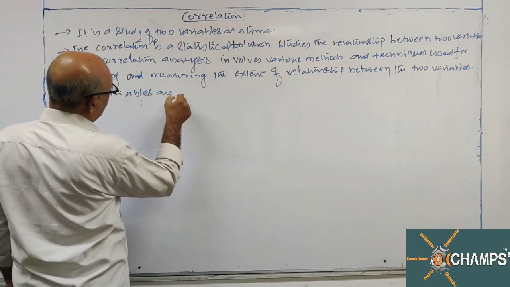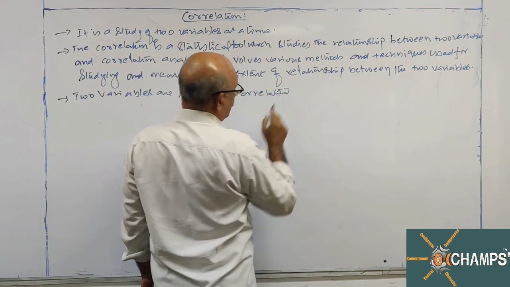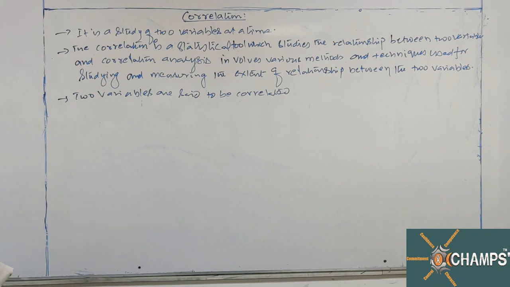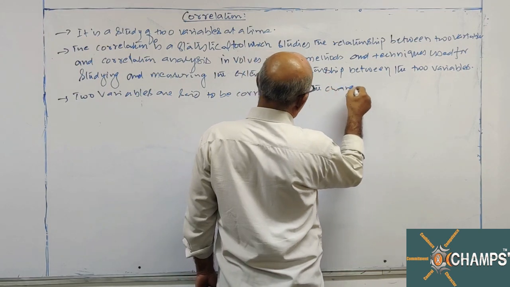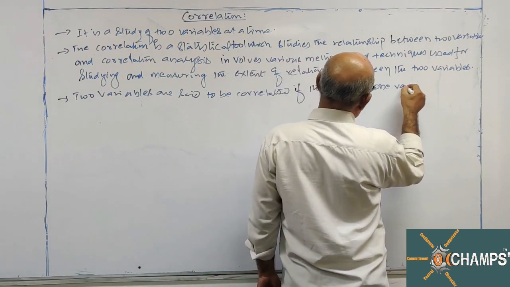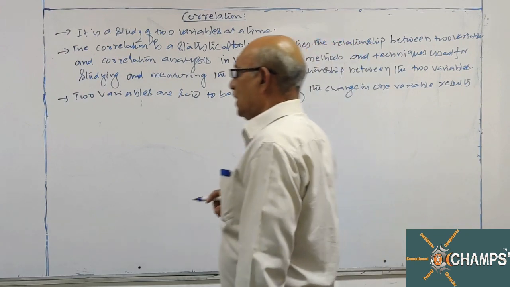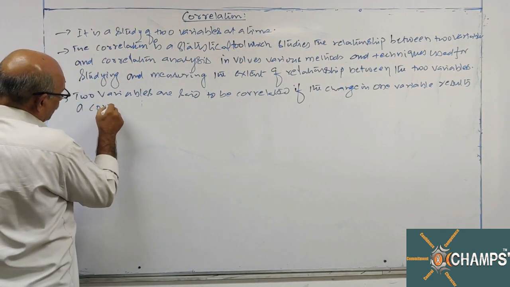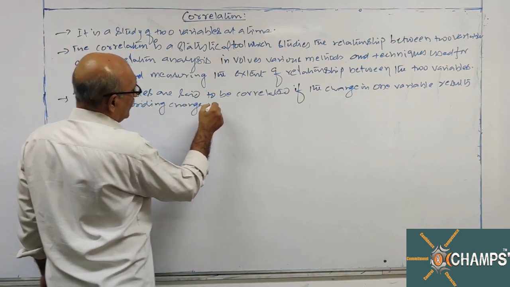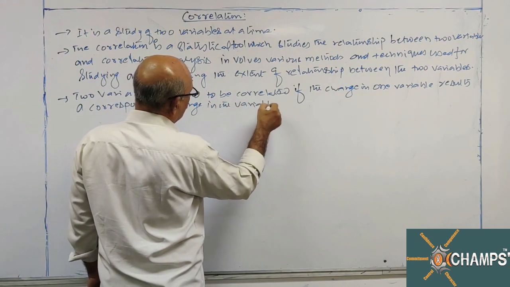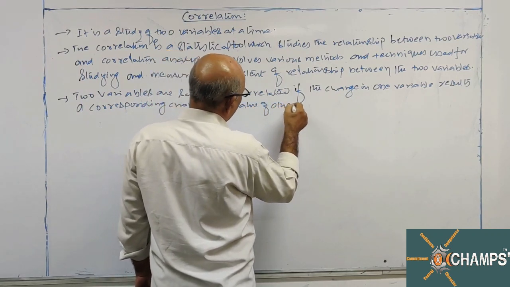Two variables are said to be correlated if the change in one variable results in a corresponding change in the value of other variable.